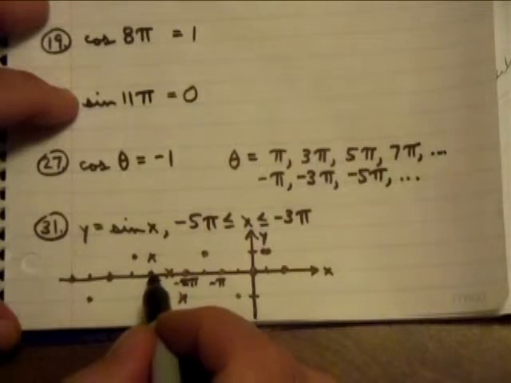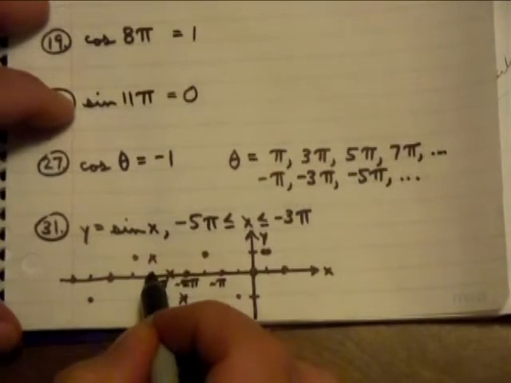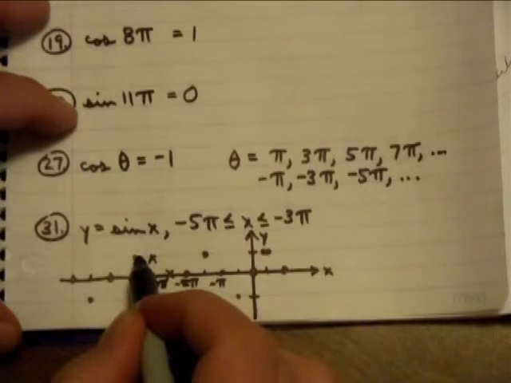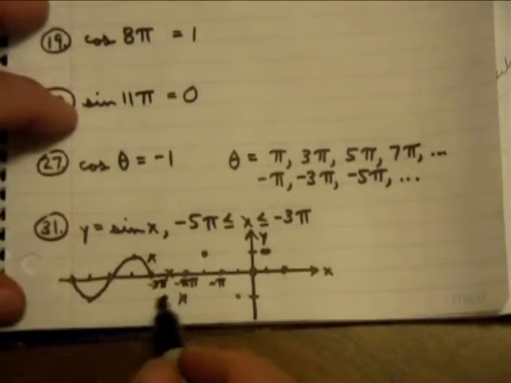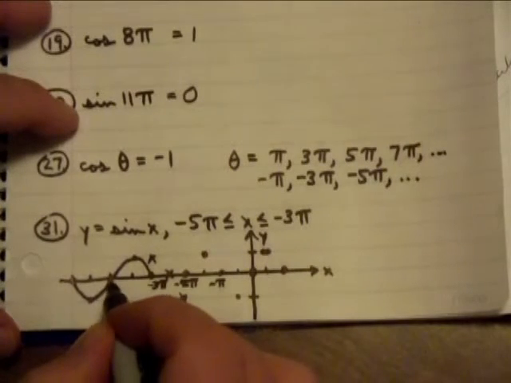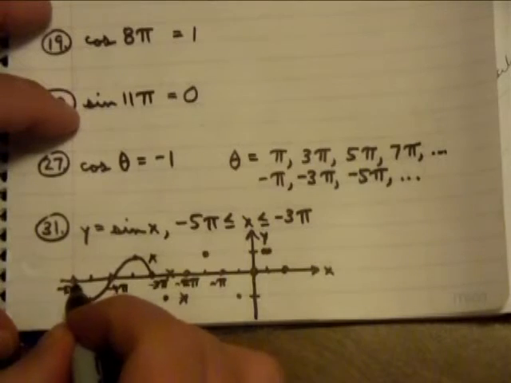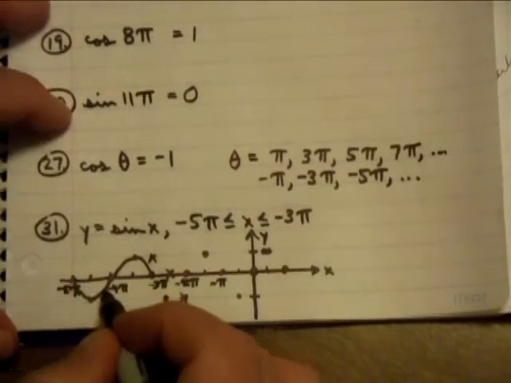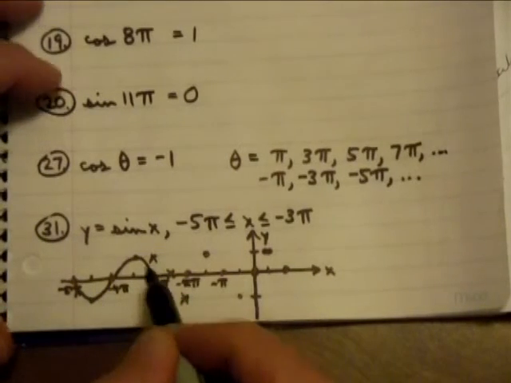And then this dot right here finally is negative 3 pi. So now I want to connect the dots starting here and going up and then down and then back up again. So if this is negative 3 pi, this is negative 4 pi, and then this dot where we ended is negative 5 pi. So really all that we were interested in is this one piece of the sine function.